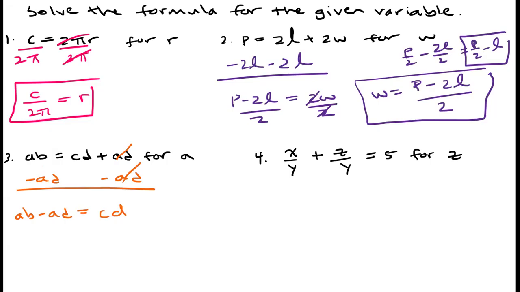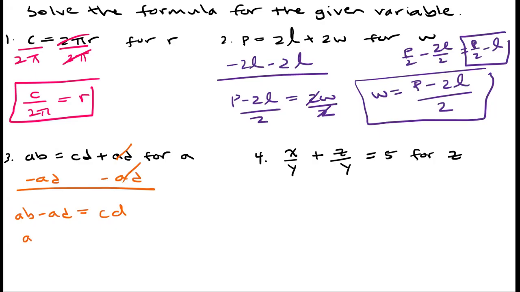Now, as you look at the left side, what do you notice? What do they have in common? Exactly. They have A in common. So we can do the distributive property, the opposite, right? Normally we would multiply it in. We can do the opposite and factor out.